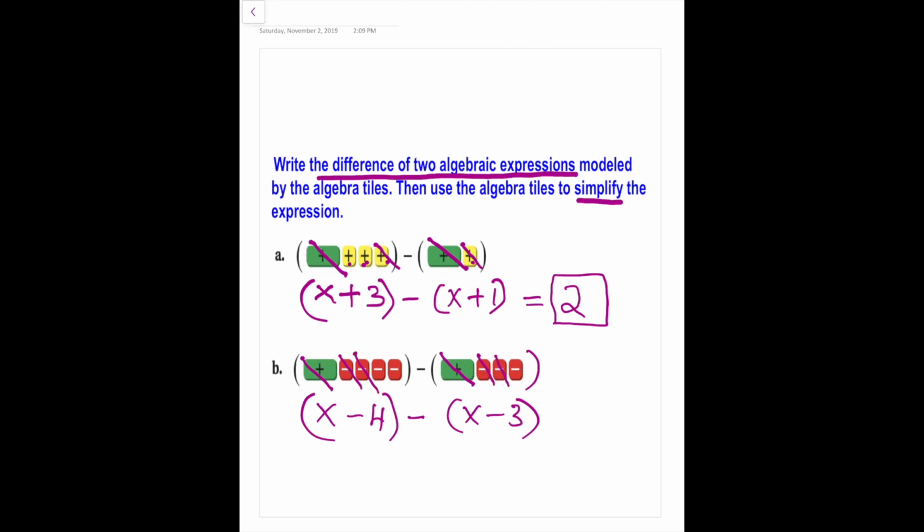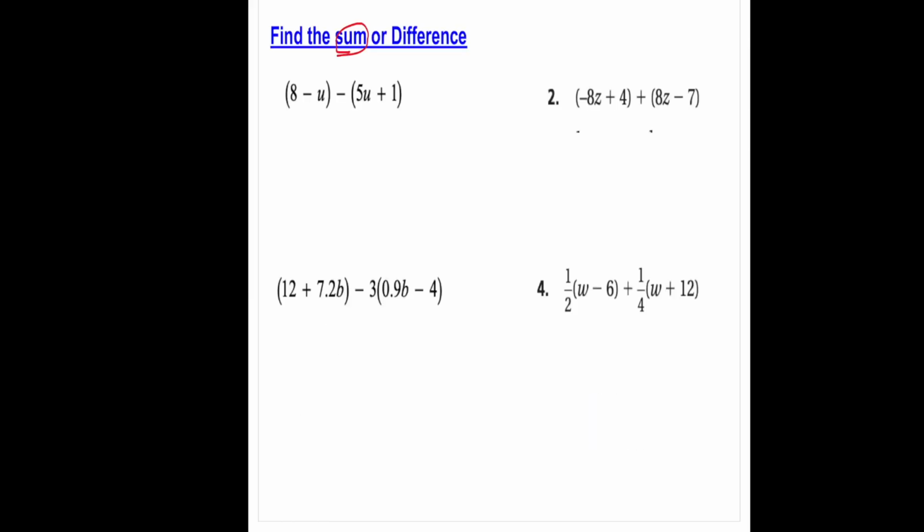So 1, that is gone. You are taking away, you are not adding them. So these are not zero pairs, but negative 1 minus negative 1 is 0. You are taking away the negative ones. So we are left with only negative 1.